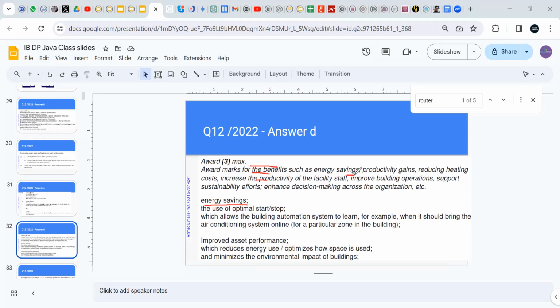So there is energy saving, there is productivity gains, for example, reducing heating costs, improve the building operation, like what you mentioned, support sustainability, enhance decision making. Do you know why automation can enhance decision making across the organization?